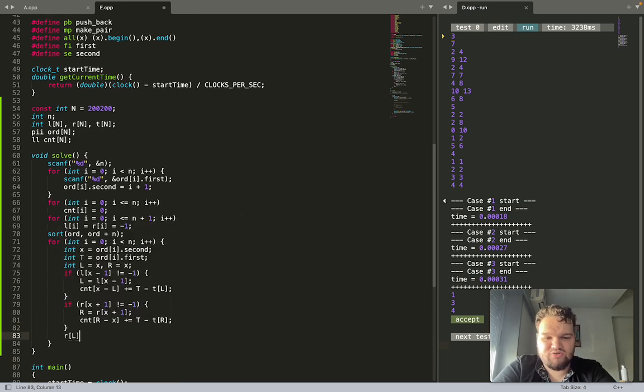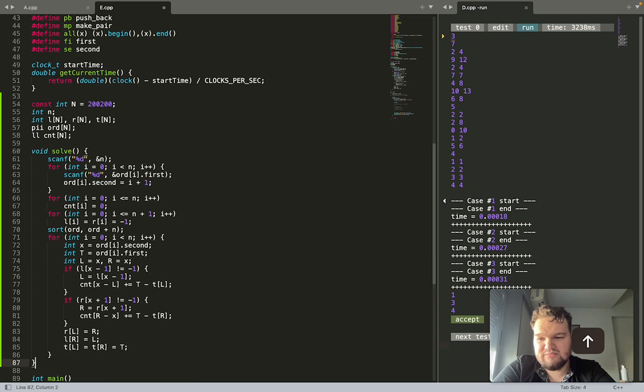Now I know that my new segment is from L to R, and so I remember that the right border in the left border is R, and left border in R is L, and in both of them the time of creation is this t. Now I can finally read M.